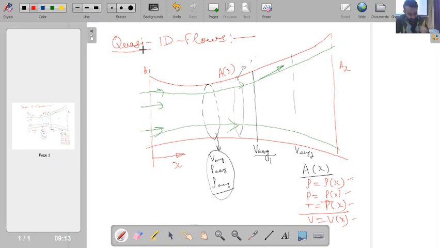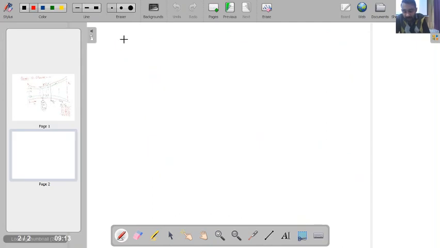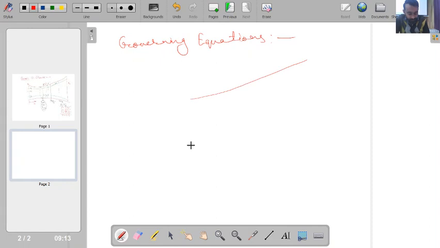So let's first see how the governing equations behave for this. Say I have a situation where this is my duct. Here I have station 1, here I have station 2. This is the inlet and outlet of the duct. At this point the area is A1, at this point the area is A2, and along the duct I have A as a function of x.